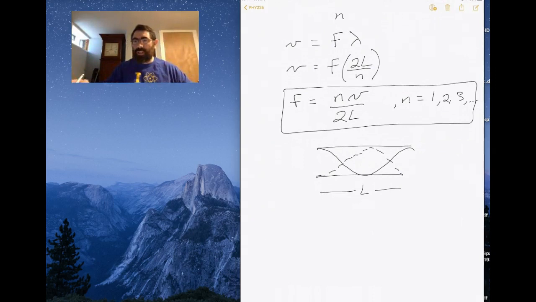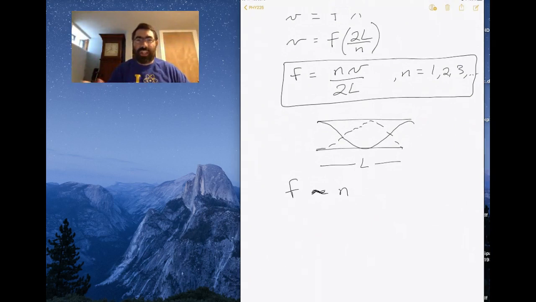And again, just to emphasize that the frequencies, F, are linearly proportional to the number of the harmonic. So it's pretty easy to figure out in terms of the length if you change n. The next harmonic is going to be twice the previous one.